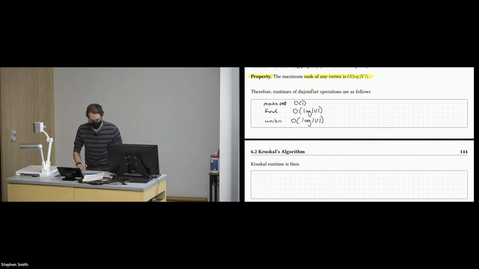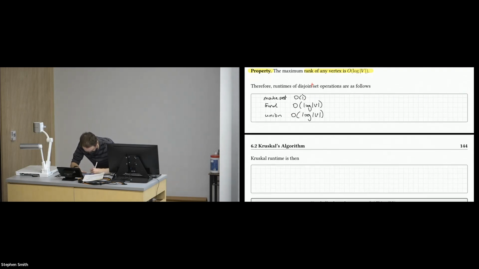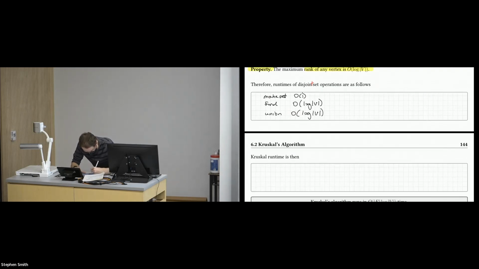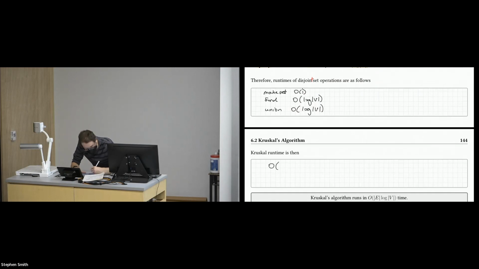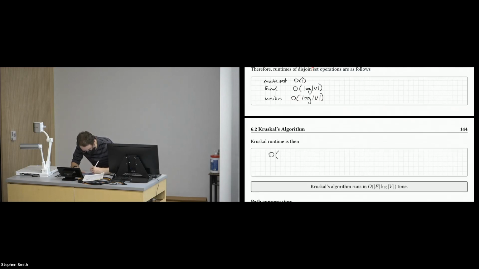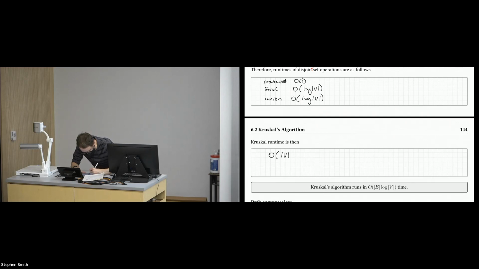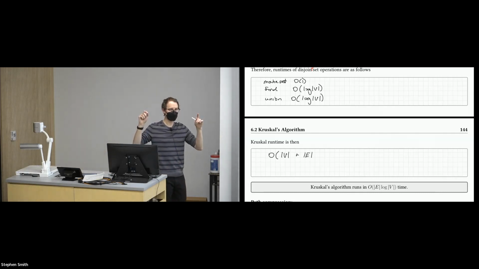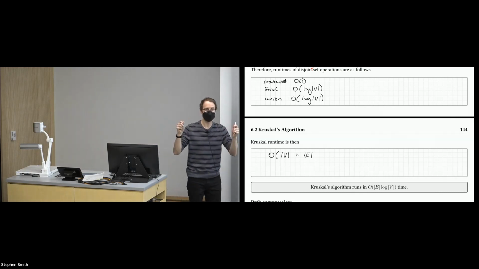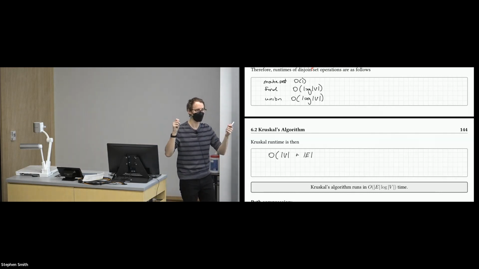And from that, then we can get Kruskal's runtime is going to be big O of, we have to do V make set operations plus, we have to do a find operation for each time we're trying to add an edge, right? We have to do find on each of its endpoints.